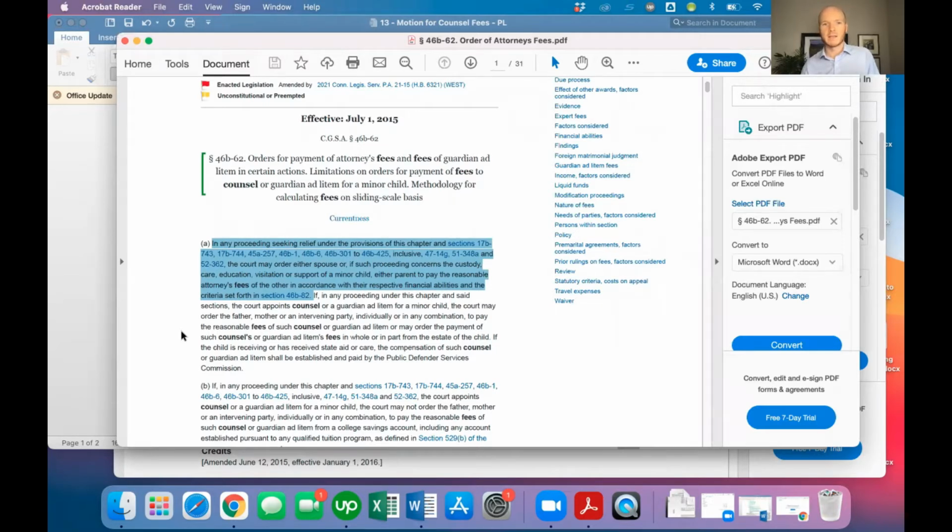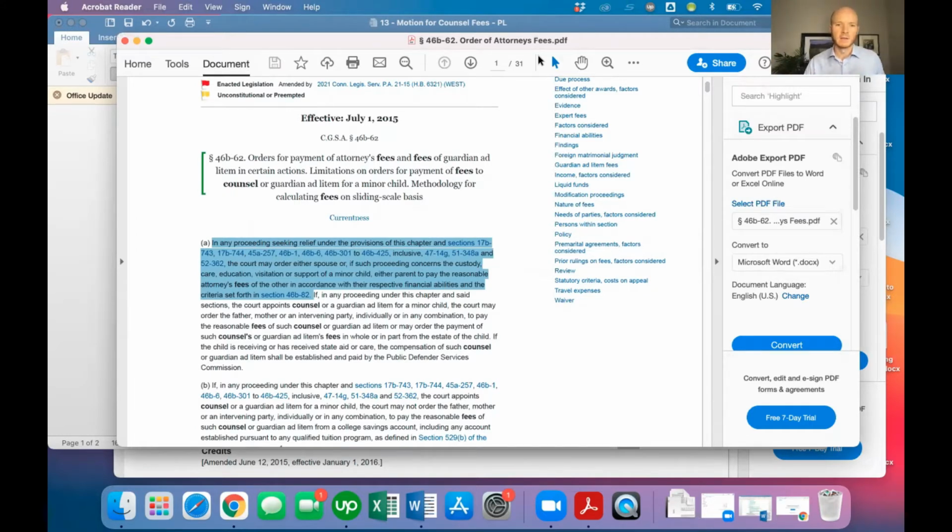So what that's saying is a spouse if they're married, or a parent if it's a custody case, to pay the reasonable attorney's fees of the other in accordance with their respective financial abilities and the criteria set forth in a certain statute.